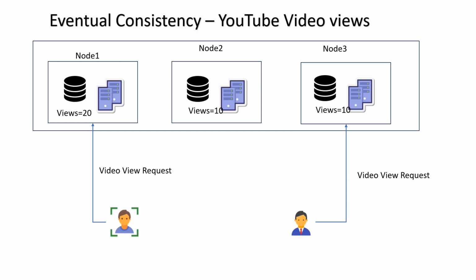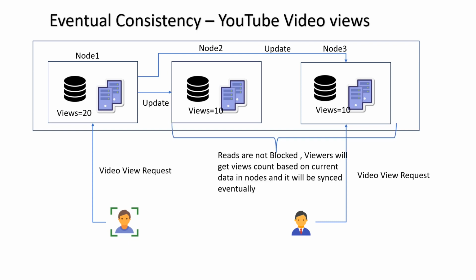And even if other nodes are sending a stale value of the video views, it's not going to matter much, because people are just trying to see the count for a general idea, not for any other particular use case, right? So for this YouTube video views count use case, we need not block the reads, and reads can happen in parallel.